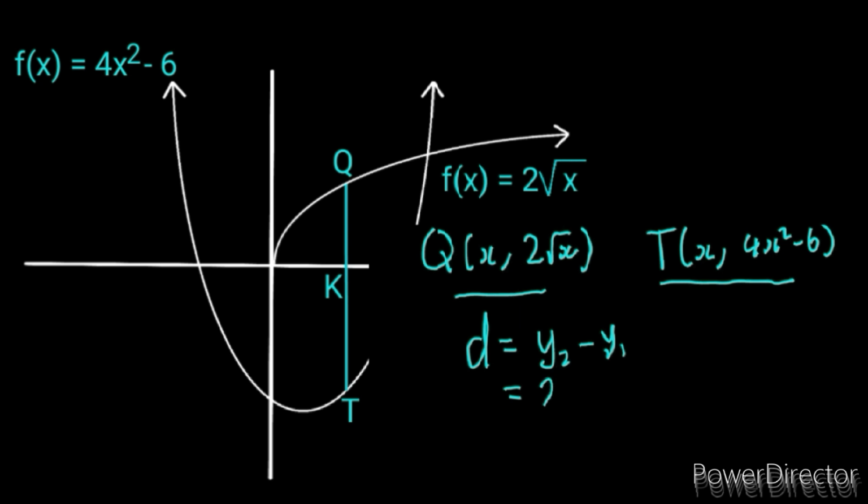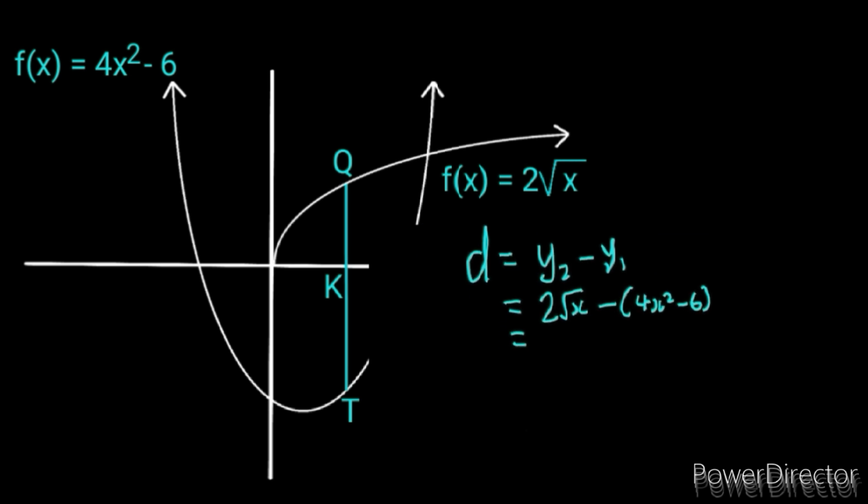So this is going to be 2 root x minus. Now notice that if I'm subtracting something with more than one term, I have to put it in brackets. So then this is going to be 4x squared minus 6. So this is going to end up being 2 root x minus 4x squared plus 6. So let me just rearrange it so that it can start with the highest power.